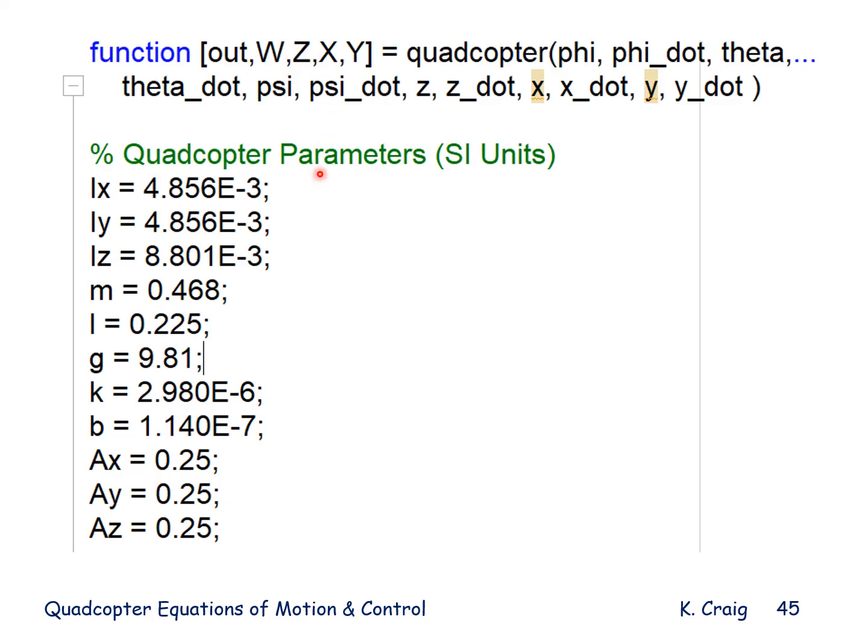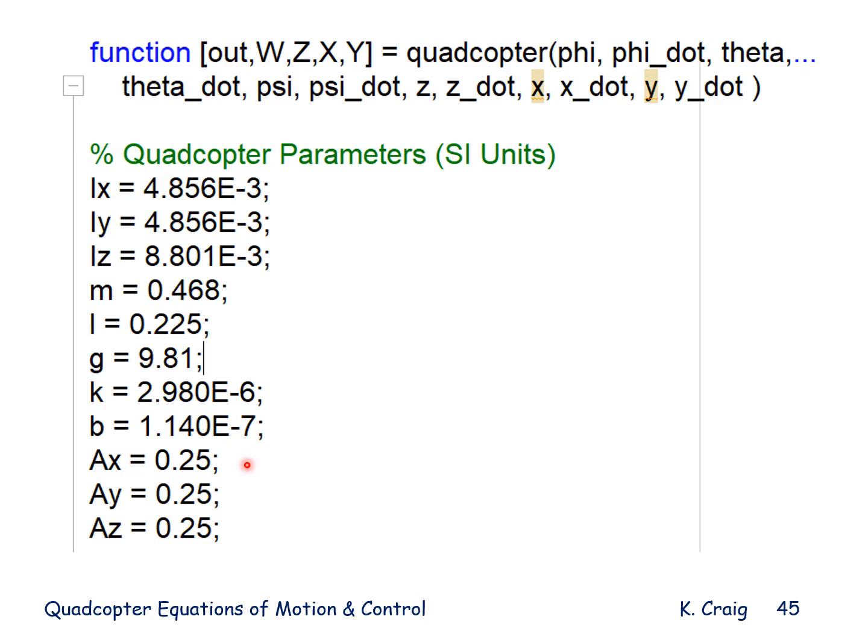The quadcopter parameters in SI units are the mass moments of inertia, the mass, the distance from each of the rotors to the CG, the acceleration due to gravity, the lift factor and drag factor, and the 3 coefficients for drag in the x, y, and z directions.